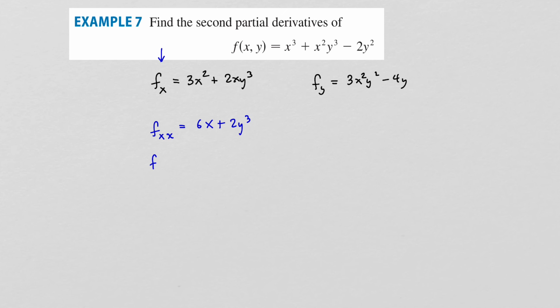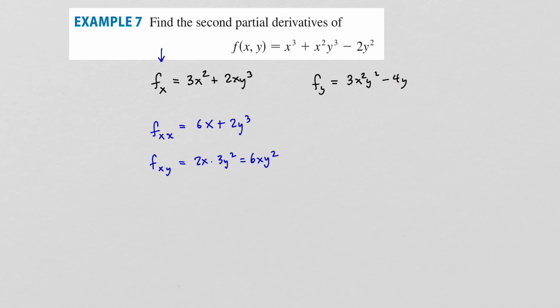Now, if I had done the derivative of x and then y, all I would do now is take the derivative of this with respect to y. If I do that, the derivative of 3x squared is going to be 0. And with respect to y, 2x is a constant, so the derivative becomes 2x times 3y squared, which is 6xy squared.